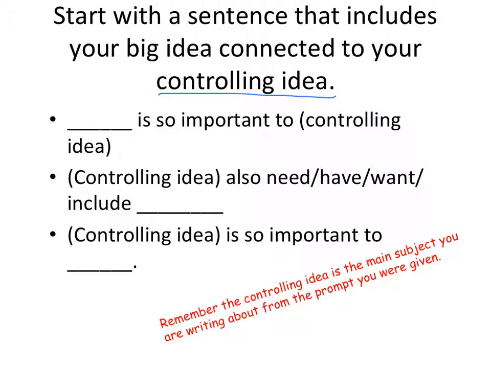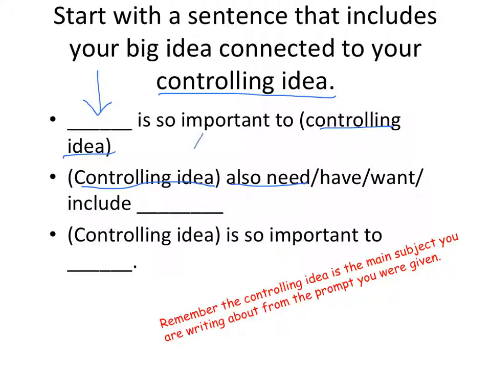So here we go. Let's say we're writing about bicycle sharing programs. Blank. The bicycle sharing program is so important to my community. The controlling idea. The bicycle sharing program also needs or has or wants or includes.